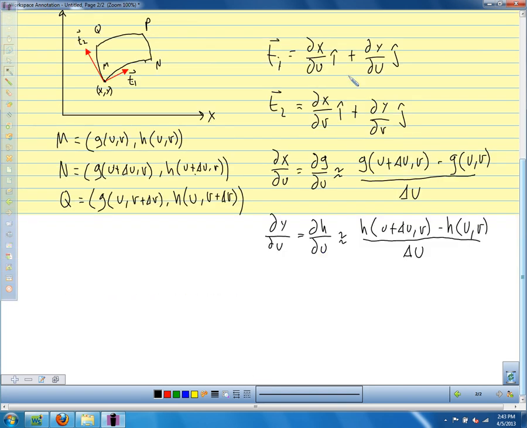So this gives us a way to approximate our vector t1. We could write similar expressions for t2, for the derivatives of x and y with respect to v as well. I'm not going to write that whole thing out, but these are our expressions for our partial derivatives and our approximation for those partial derivatives.